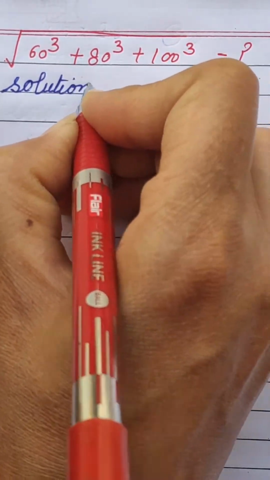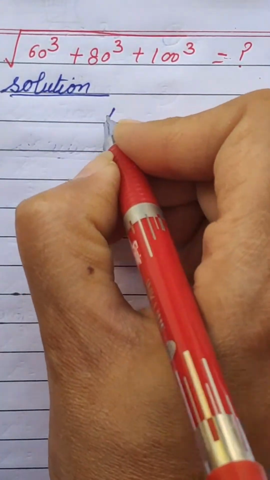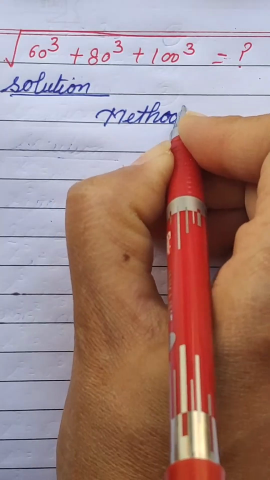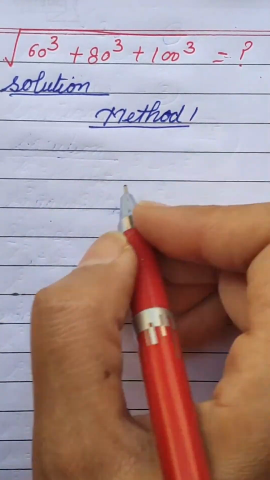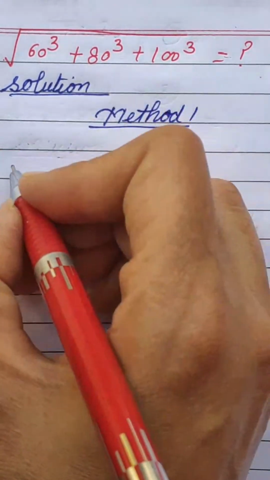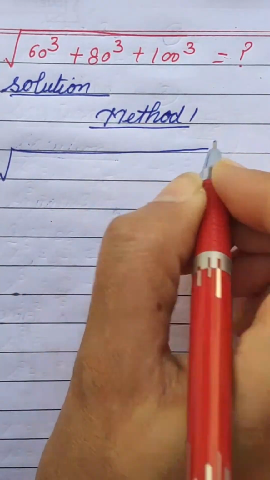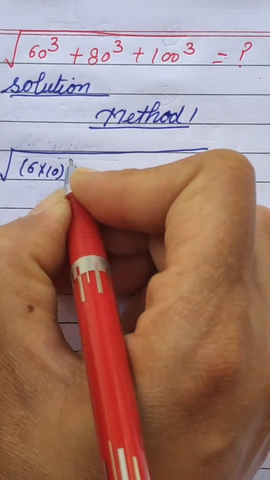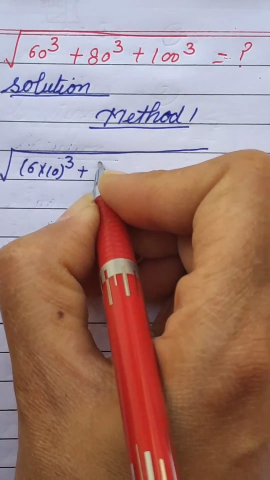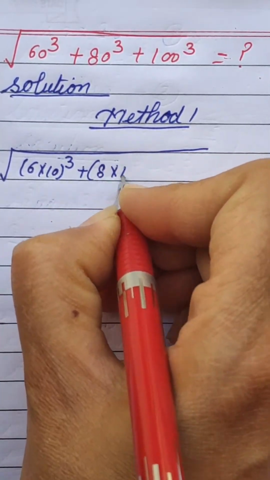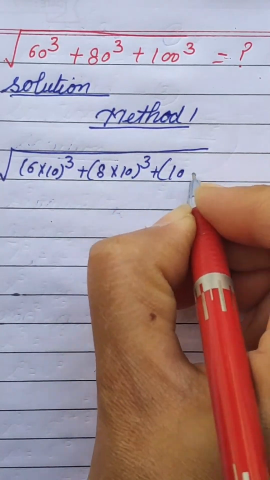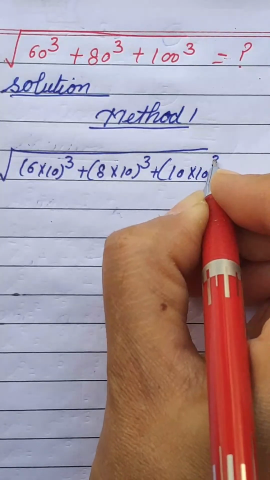So solution. I just used two methods. So this is method 1. Here I just divided these things. We can write 6 multiplied by 10 raised to the power 3 plus 8 multiplied by 10 raised to the power 3 plus 10 multiplied by 10 raised to the power 3.